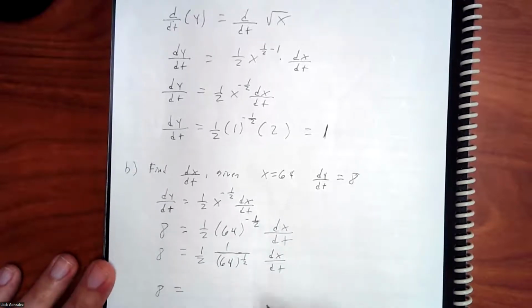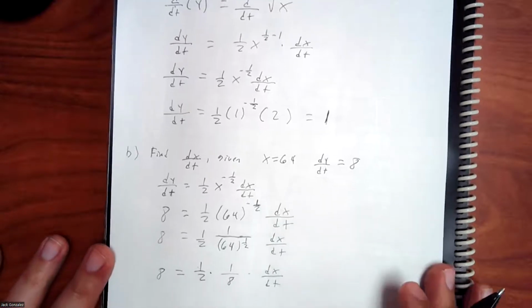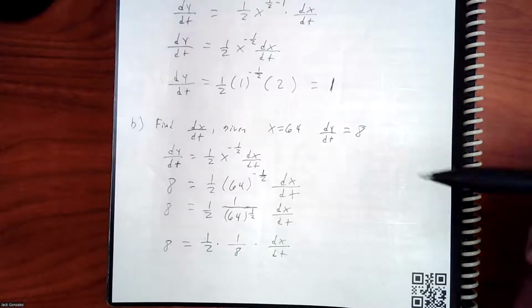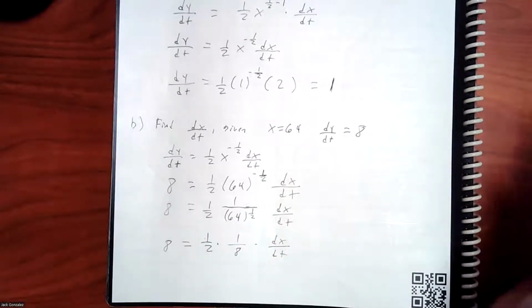So then 8 is equal to 1/2 times 1/8 times dx/dt. Anyway, we've got a 1/16 there, right? So multiply both sides by 16 and we'll solve for the answer.